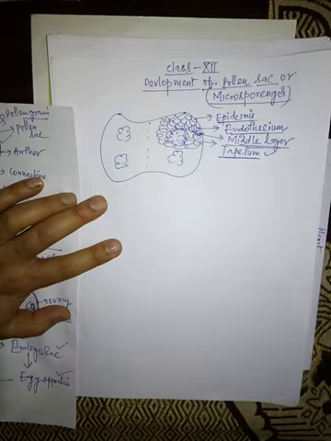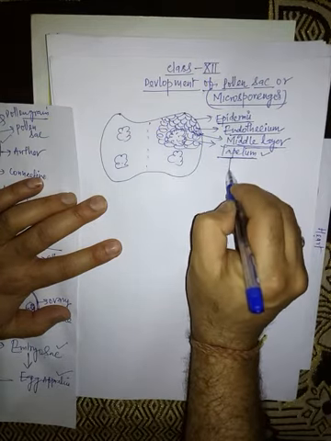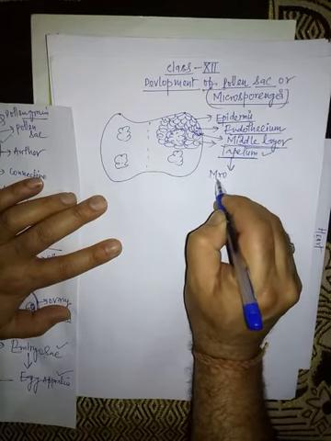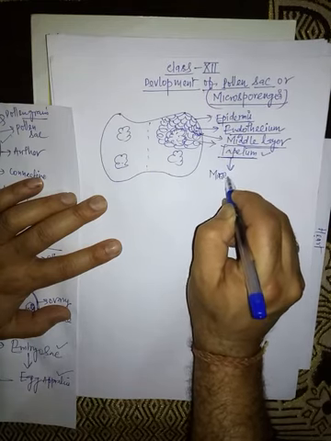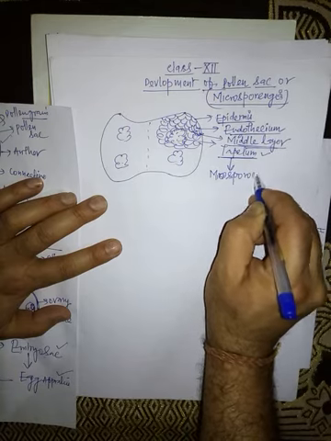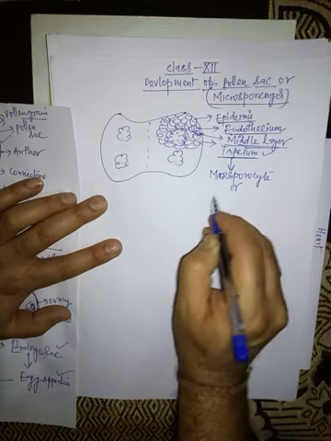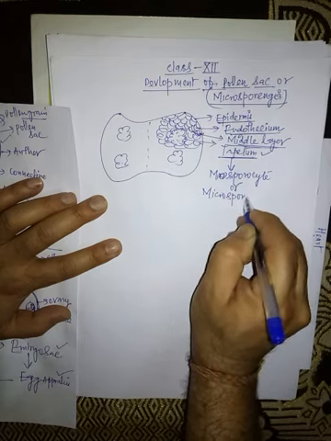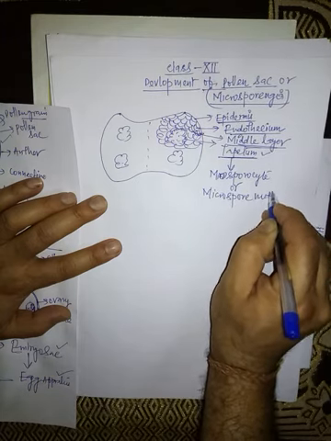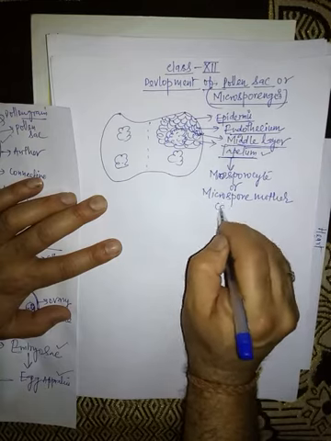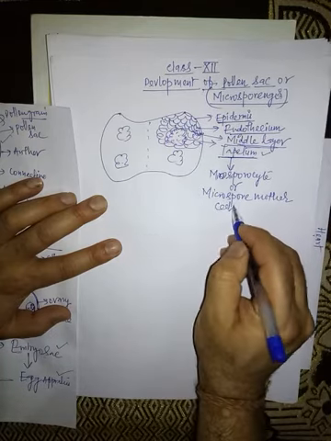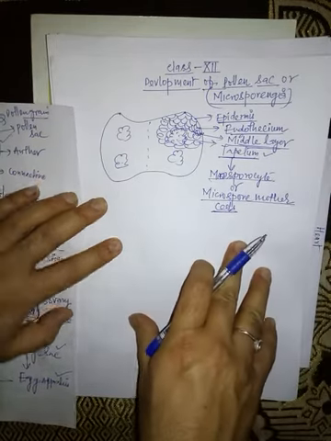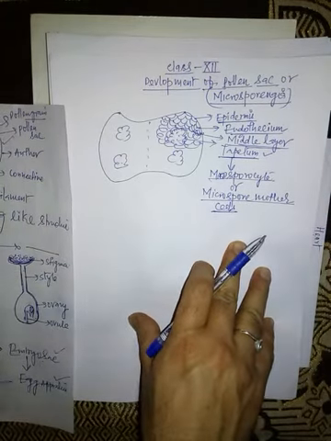Inside of the tapetum layer there is microsporocyte or microspore mother cell present. Microsporocyte or microspore mother cell is present inside of this tapetum.